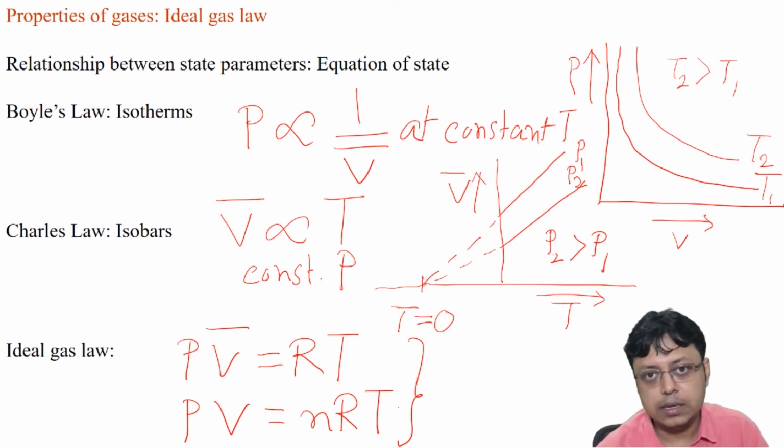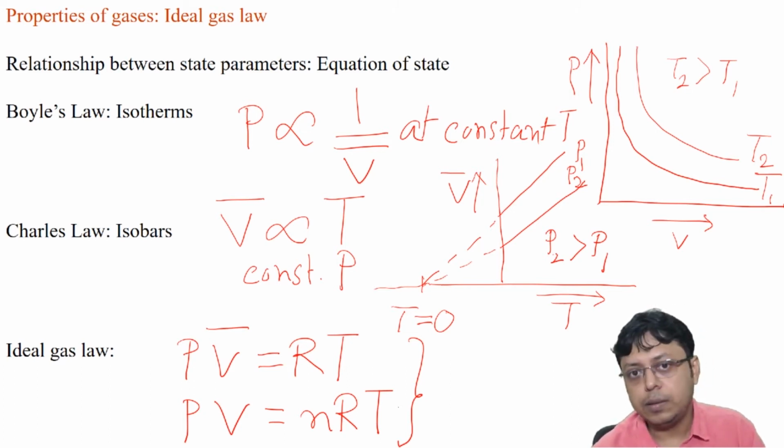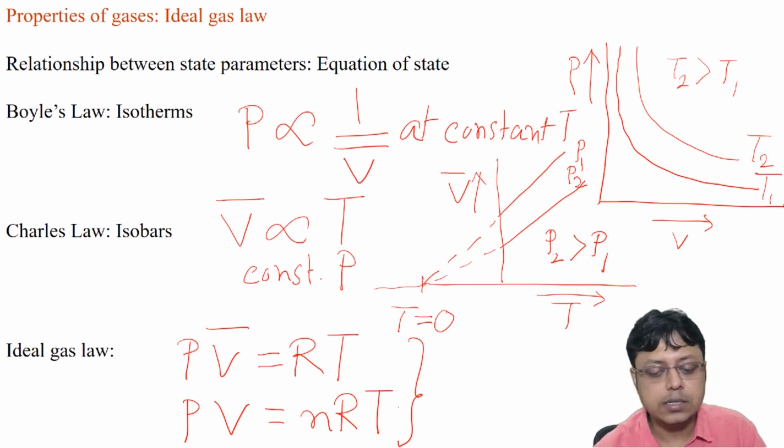Now what about real gases? How do they behave? Before we discuss the real gas, let us ask a question. Here, when I plotted Boyle's law or Charles' law, we showed that for Boyle's law, the isotherms for two different temperatures. Similarly, for Charles' law, we plotted the isobars for two different pressures.